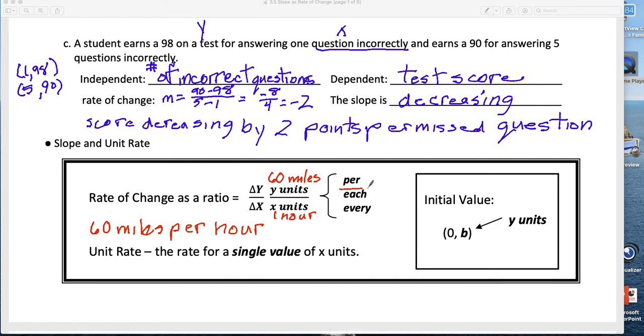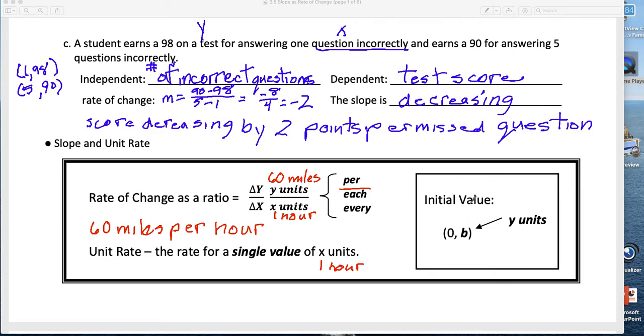And I've used the word per. So 60 miles per 1 hour is the rate of change. And the unit rate, since that's a 1 down here, is going to be the same. It's 60 miles per hour. So that's already 1 unit. So that's why that would be a unit rate.